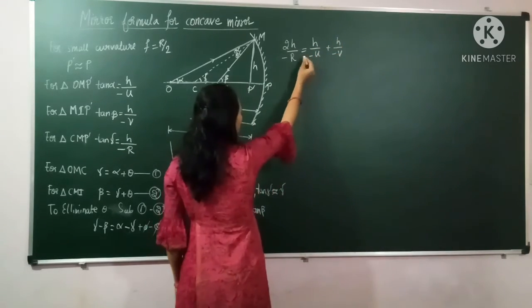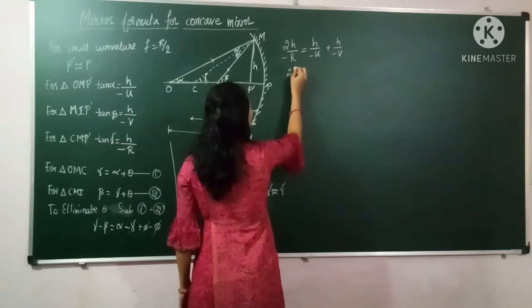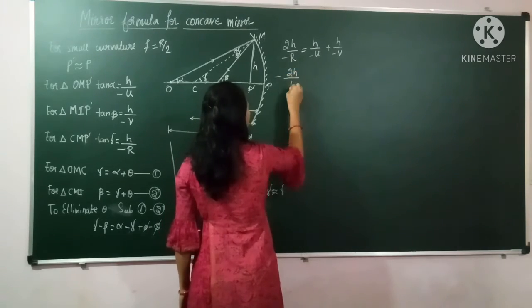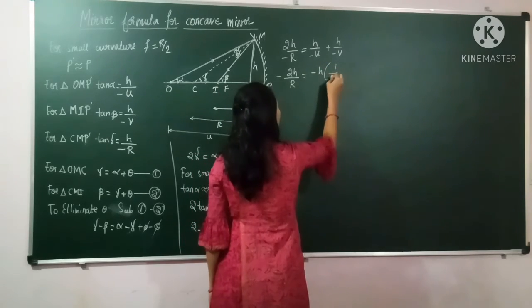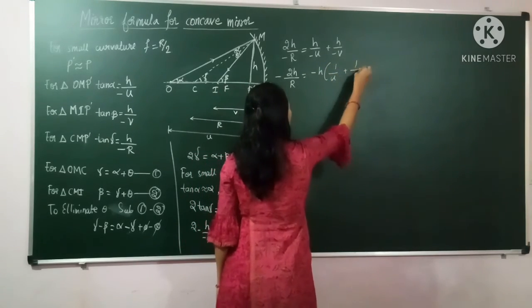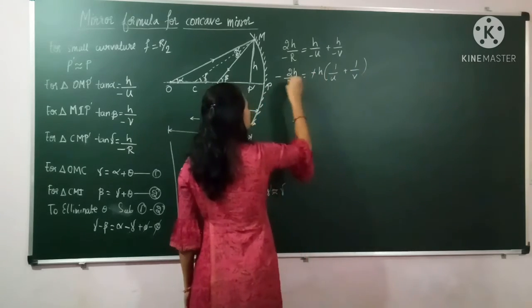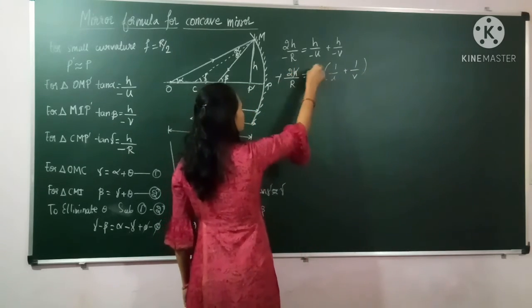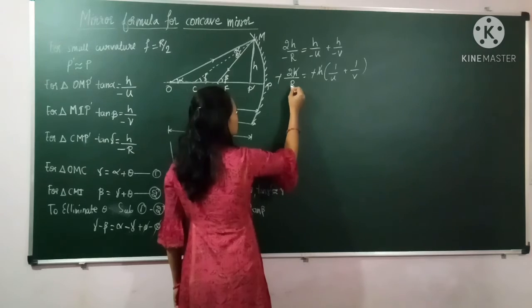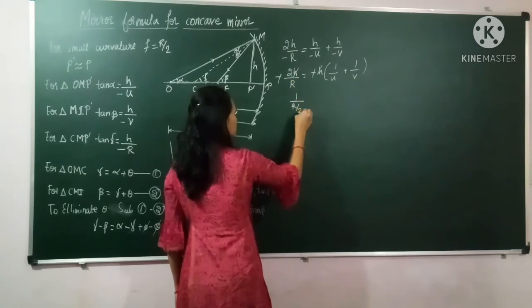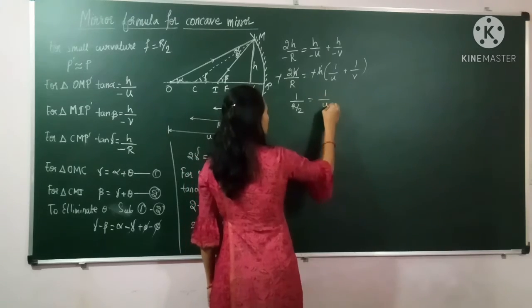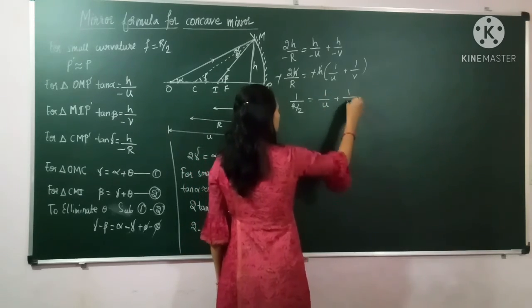Now you take the common, 2 h by r equals to minus h, 1 by u plus 1 by v. This minus will be cancelled, h and h will be cancelled, and this 2 by r can be written as 1 divided by r by 2 equals to 1 by u plus 1 by v.